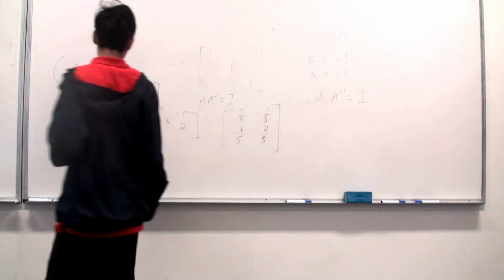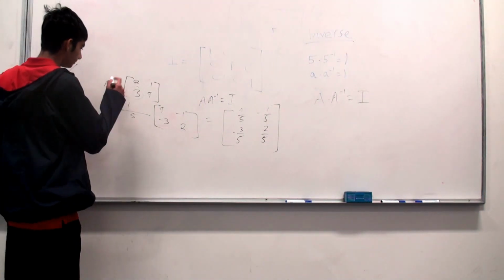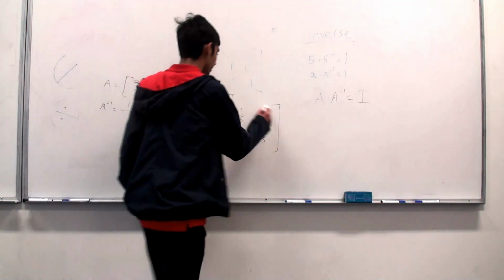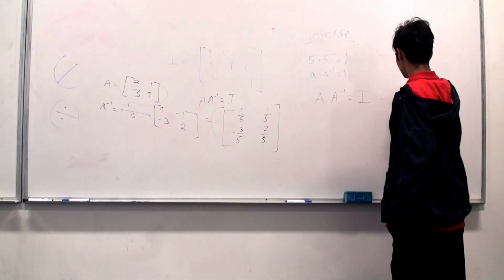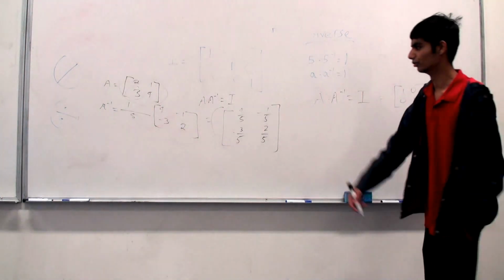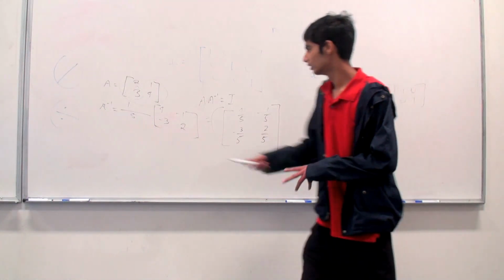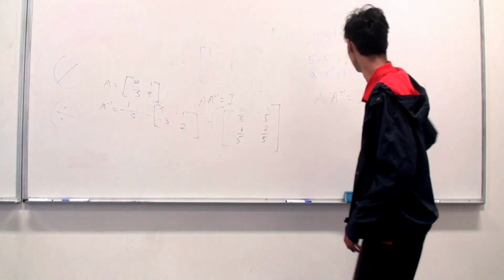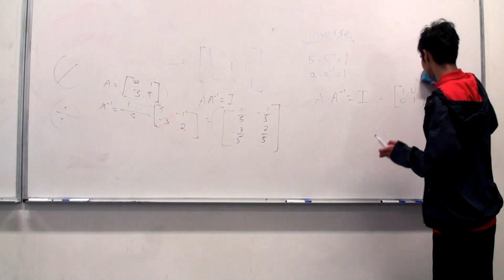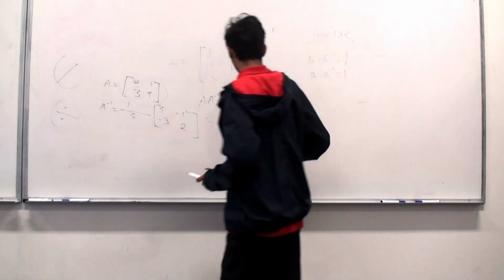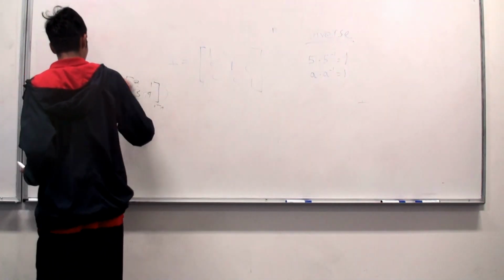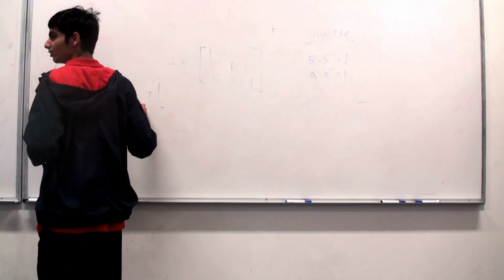As we did with the multiplication earlier, if you multiply this by this, you will get 1, 0, 0, 1. You can try that. We're not going to do that here, but it will work. So A times A inverse will give you the identity matrix. And so that covers determinants and inverses. So we'll move on to cross and dot products.